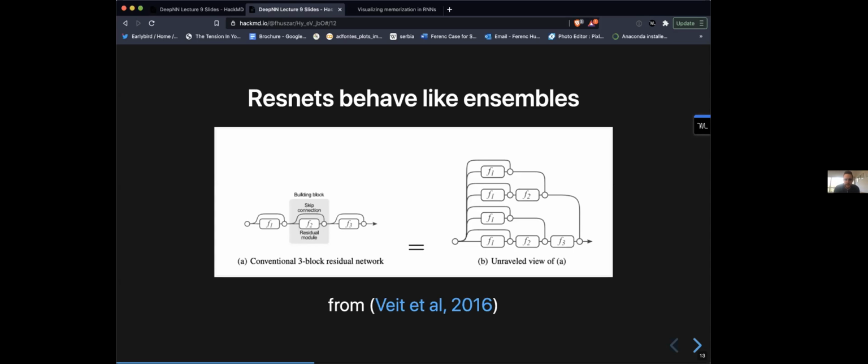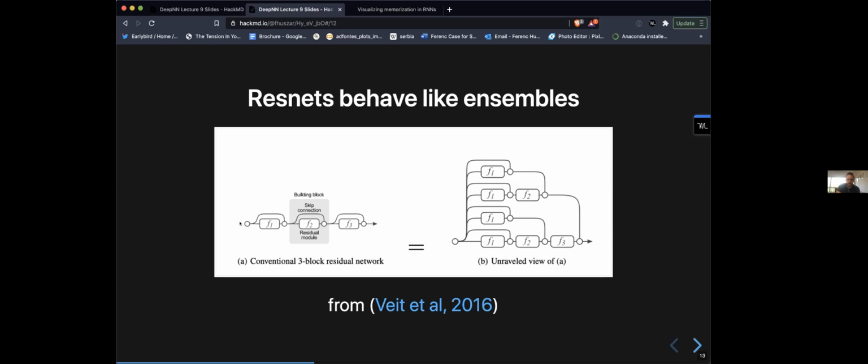A nice picture illustrating why ResNets might be so successful is the one that I've put on this slide. Consider a residual network with just 3 residual blocks, which is shown on the left. Each of these residual blocks has a path, which is an identity mapping, and a path which implements some kind of nonlinear function. Here it's just shown F1, F2, and F3.